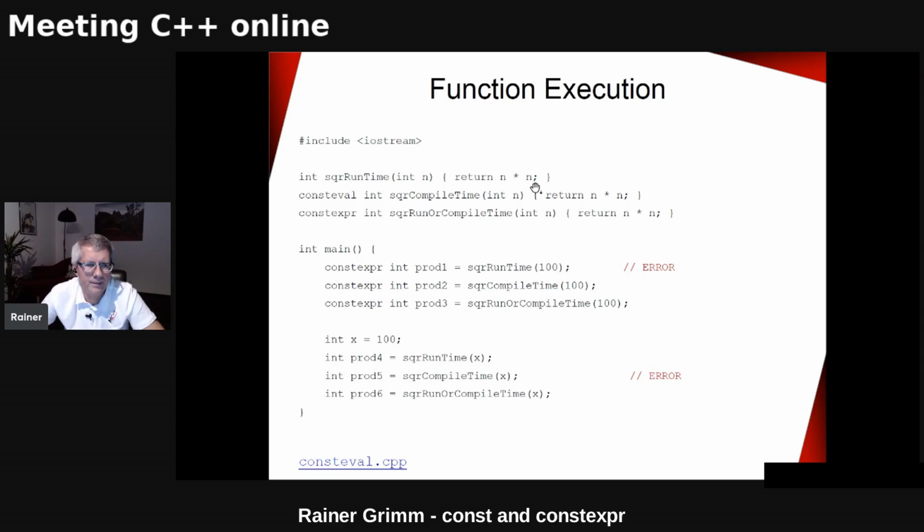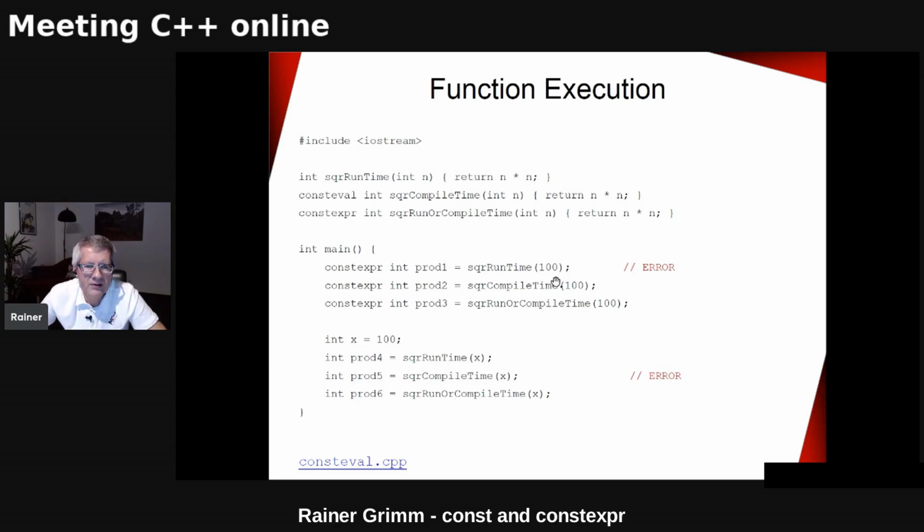And now have a look. When I invoke the square runtime function with a constant expression, I cannot have the result at compile time. This is not possible with a classical function. But I can do it with a consteval function or with a constexpr function. And you see this function: runtime, compile time, runtime or compile time. Exactly, the name stands for when it could run.